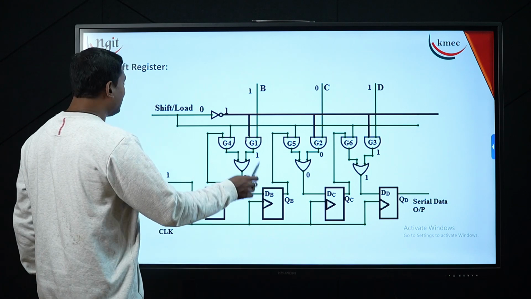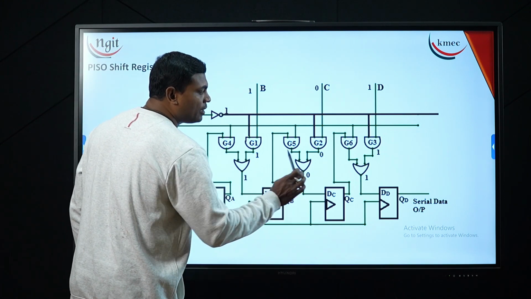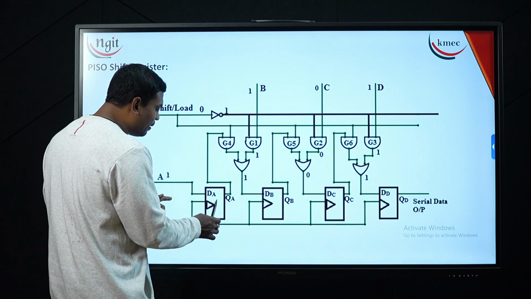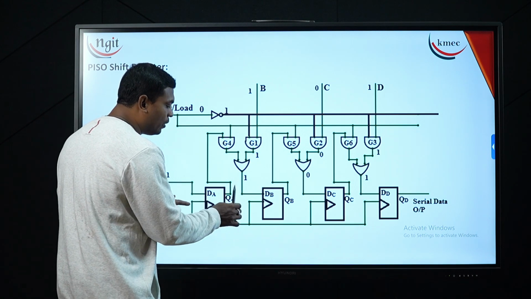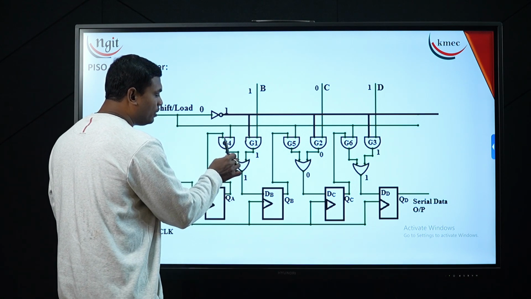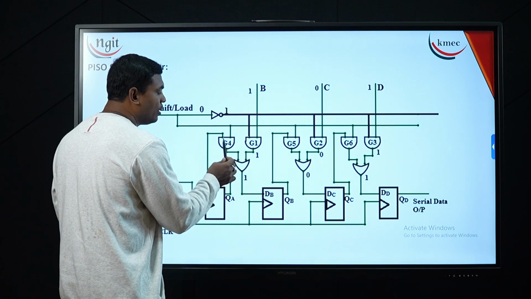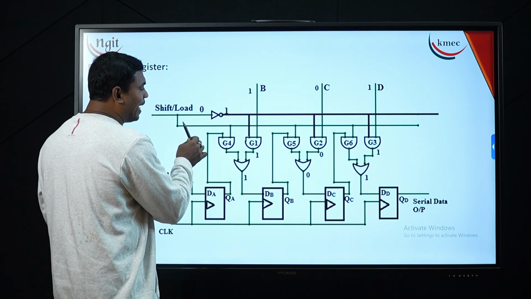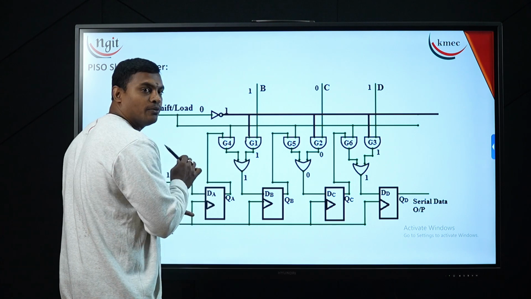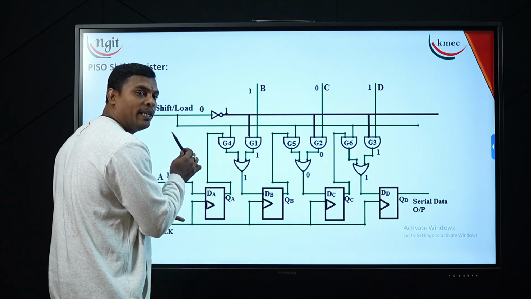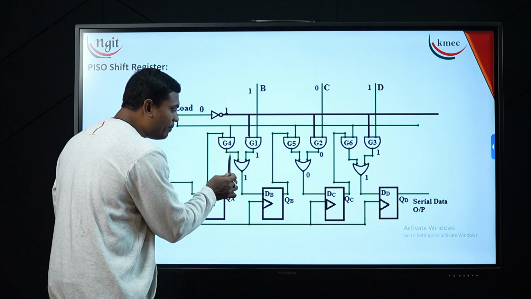The data coming onto my first flip-flop goes through this line onto this AND gate G4. Whenever this is active, this line is also active, and for an AND gate, when 1 and 1 are provided as input, the output is 1.